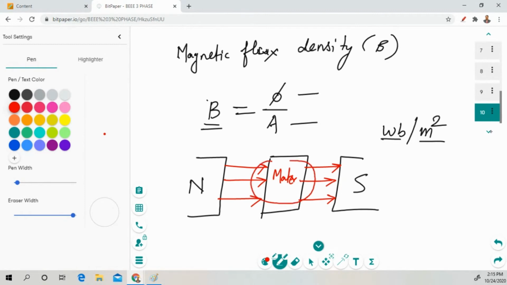Let's suppose that this material cuts these magnetic lines through this area. So how to calculate the flux density? We consider this much area. So this is called the magnetic flux density for the circuit.